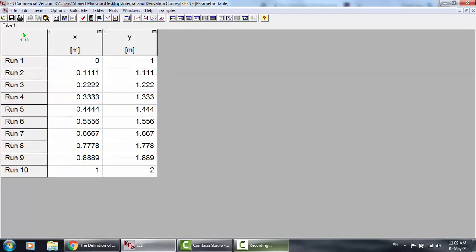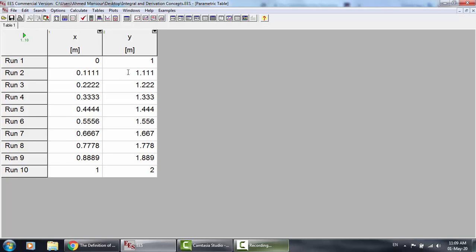And this also means that the slope is the same: 1.222 minus 1.111, so let's make it 1.111, it will be 0.111 divided by 1.222 minus 1.111, which will be 0.999.